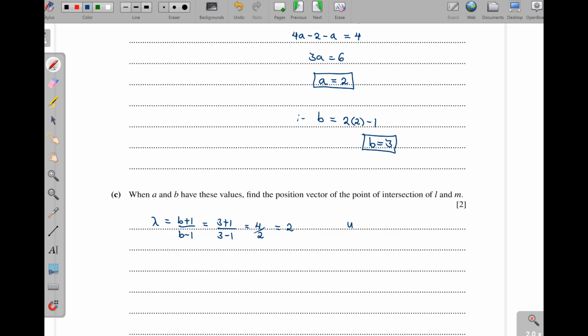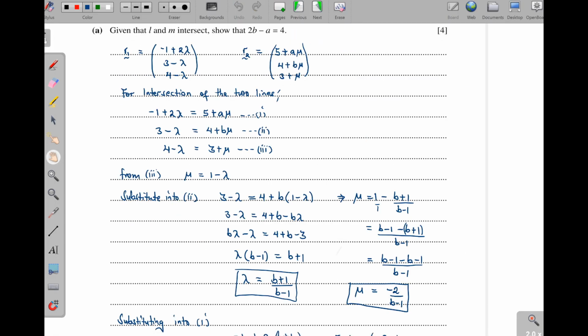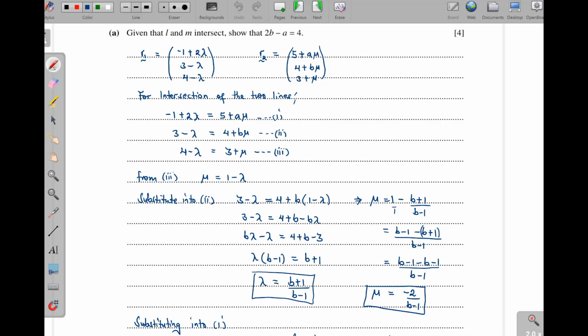Then we also need to find this mu here. Or you can use one of them. If you want, you can find the mu or the lambda, but I can leave that one there. So since these two intersect, that means they have the same x coordinate and the same y coordinate. So I can substitute in here. This one is going to be the point of intersection.